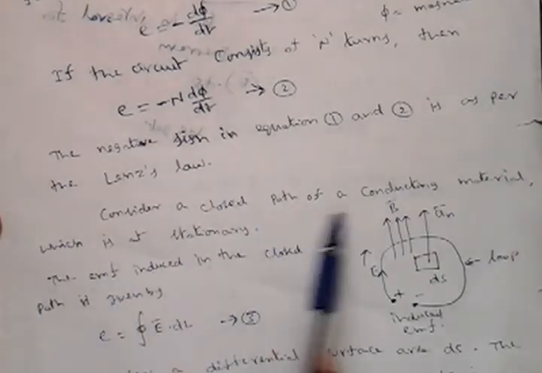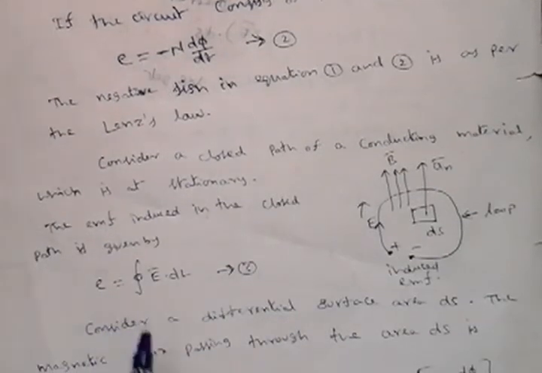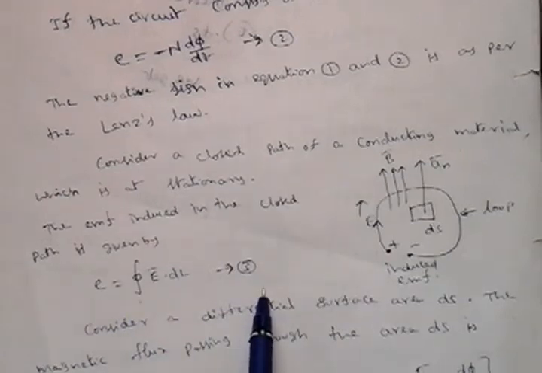The same thing here. Consider a closed path of a conducting material which is stationary. Then the EMF induced in the circuit is E equal to line integral of E bar dot dl. This is equation 3.